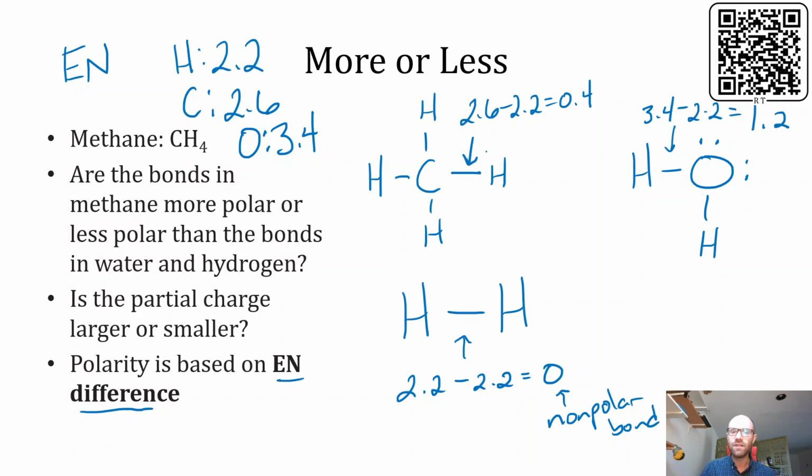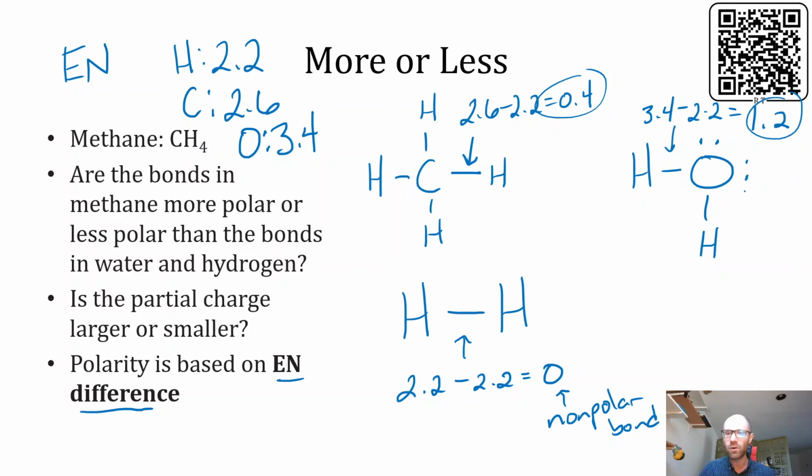Okay. Now we can have a bit of a discussion. We can rank these. So this difference in electronegativity means the pull on the shared electrons between oxygen and hydrogen by oxygen is stronger than the pull on the electrons shared between carbon and hydrogen by the carbon.